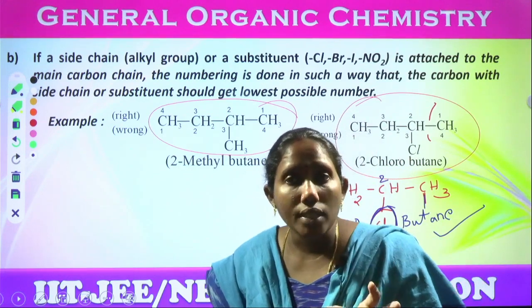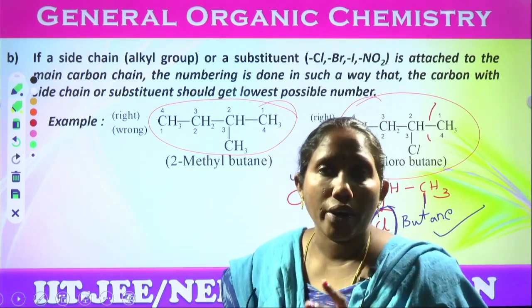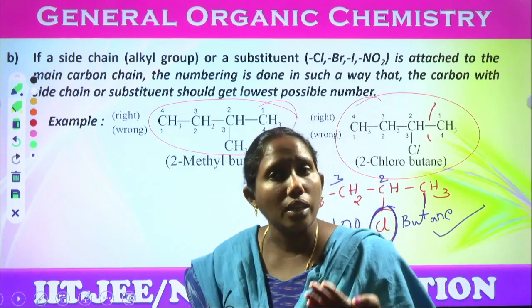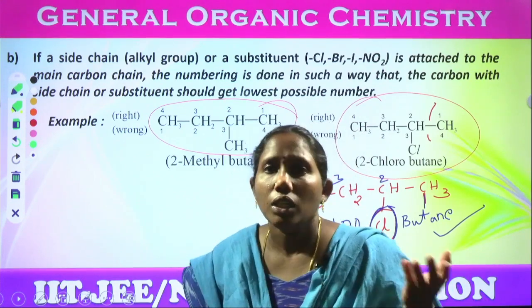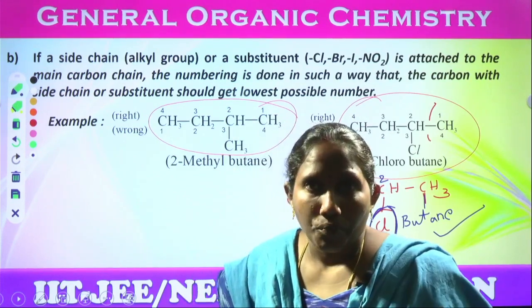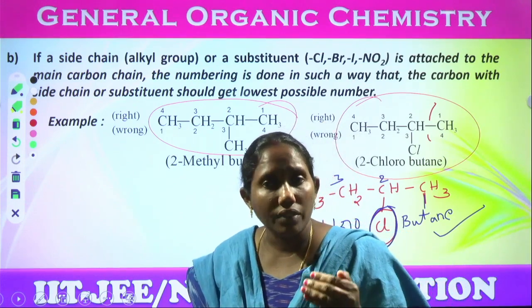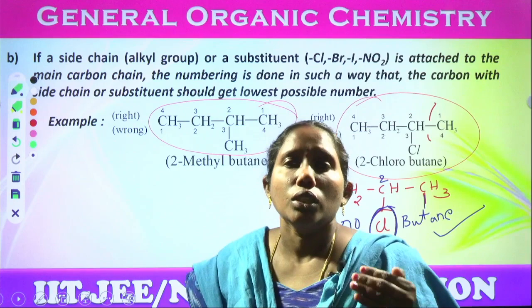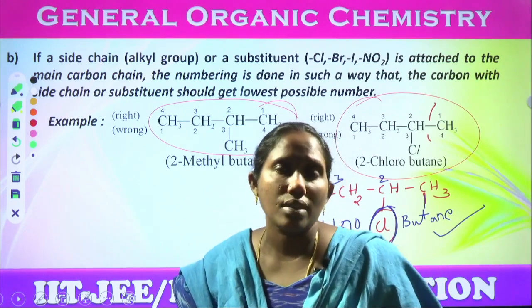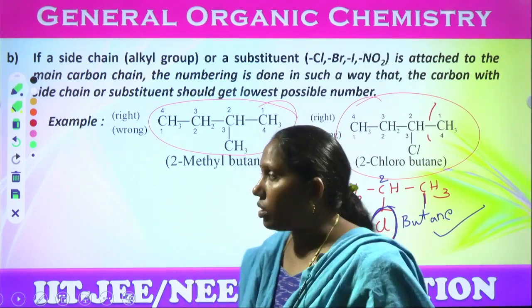So in the lowest sum rule we have taken 2 points. First, if there is no branch or functional group, you can give the numbering as you like. Second, if any substituents are present, those substituents should get the lowest numbering. That is the rule, right?